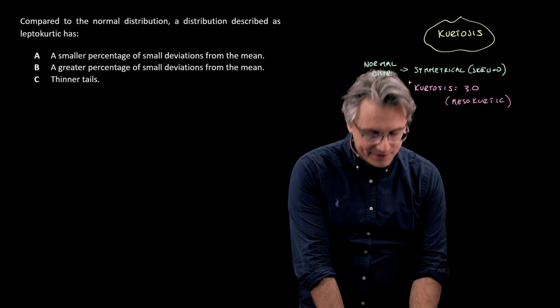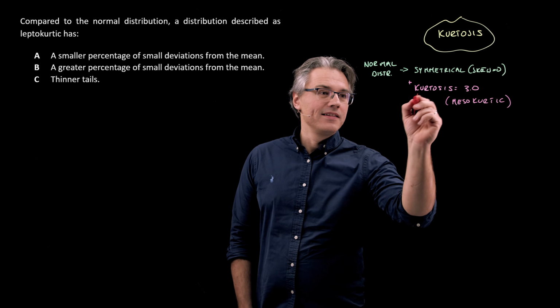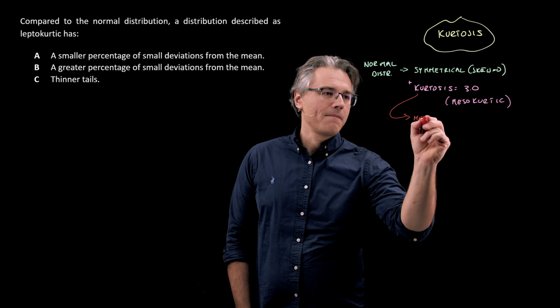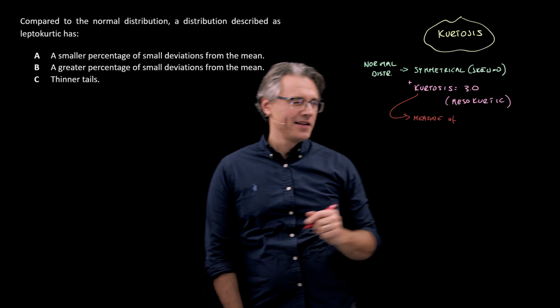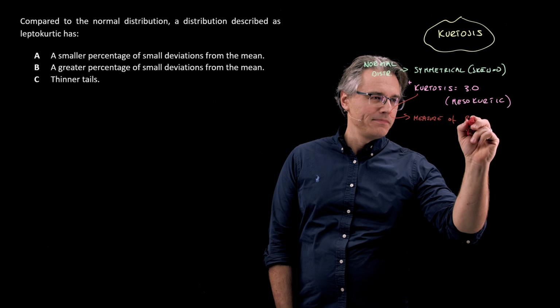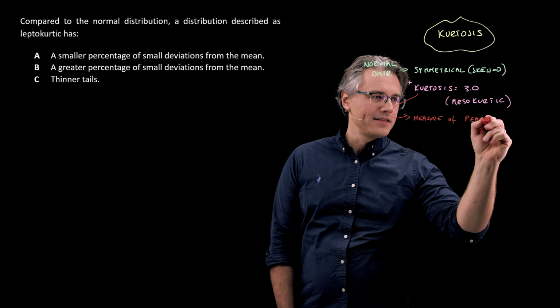Now, what is this thing called kurtosis? This is a measure of how peaked the distribution is. So, difficult word here for me. It's a measure of peakedness.